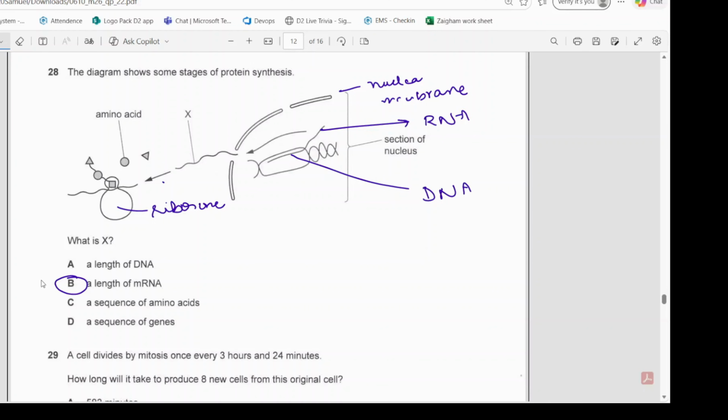Yes. How is RNA different? It's a process. First of all, RNA is single stranded. DNA is double stranded. RNA is single stranded.